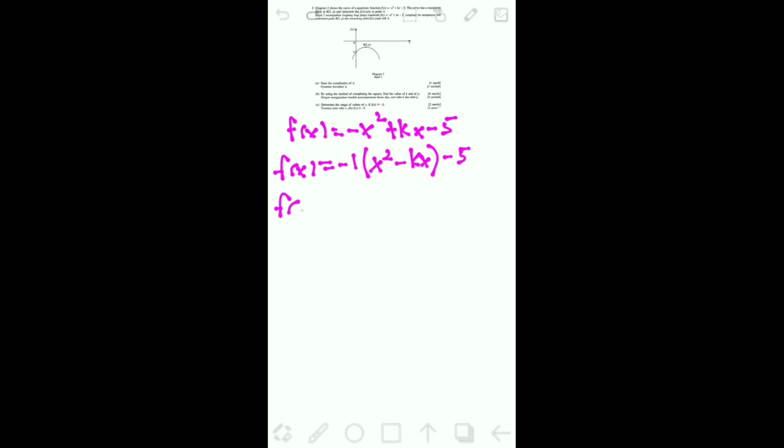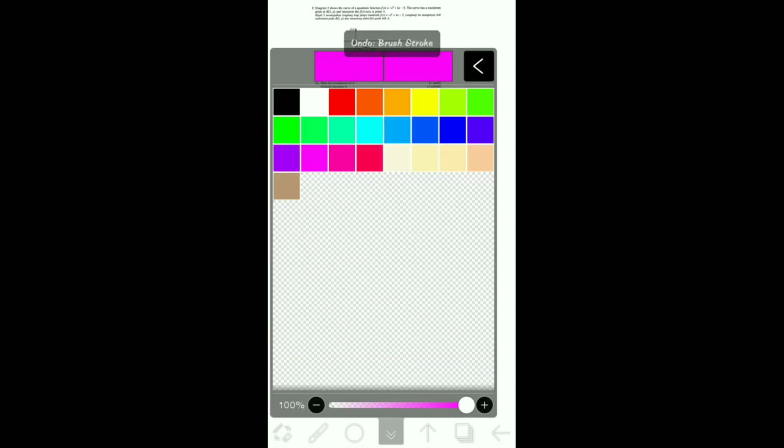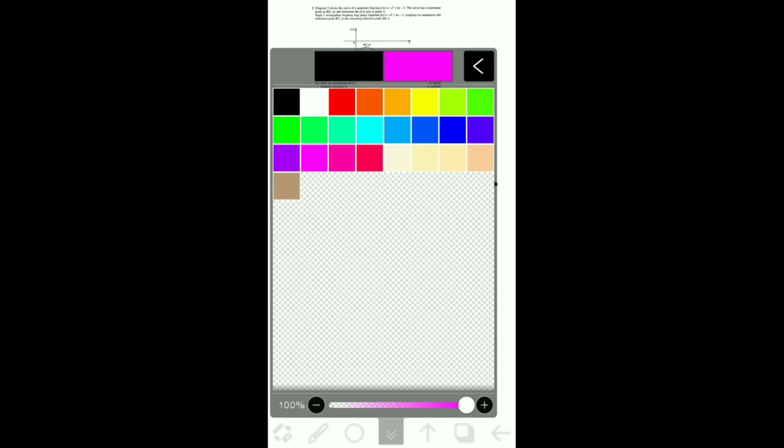So we have f(x), x squared minus kx, and then we provide a parenthesis squared minus parenthesis squared, and then minus 5.